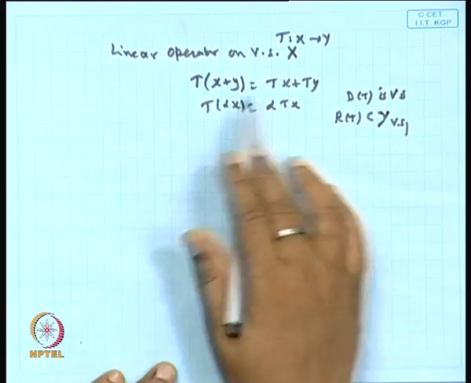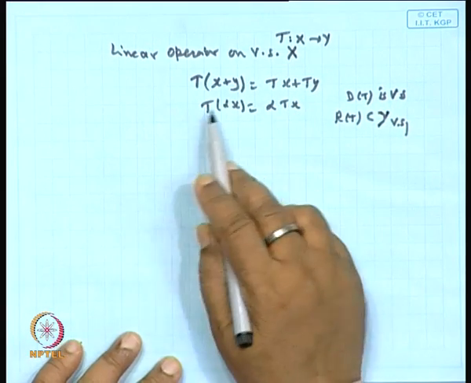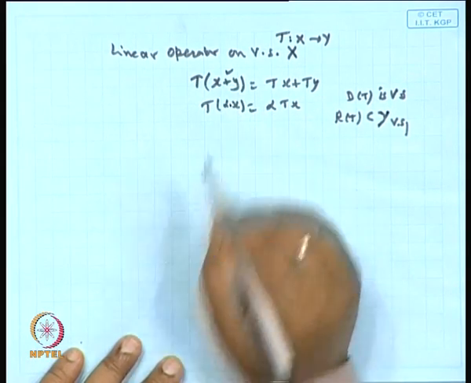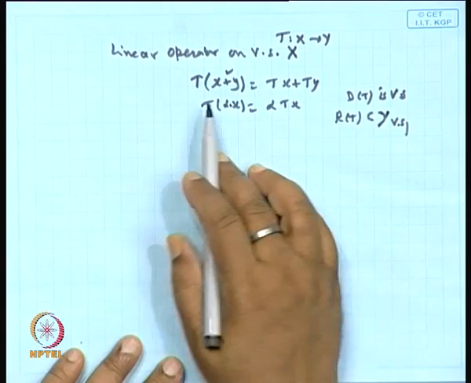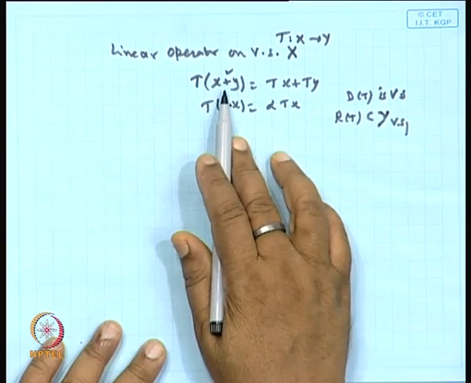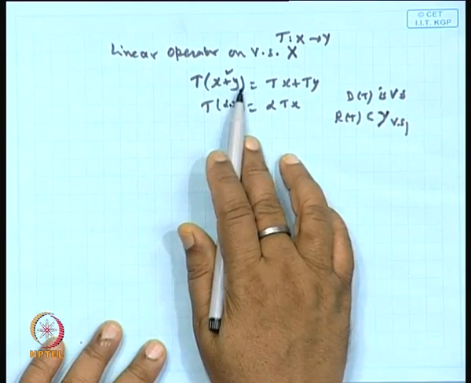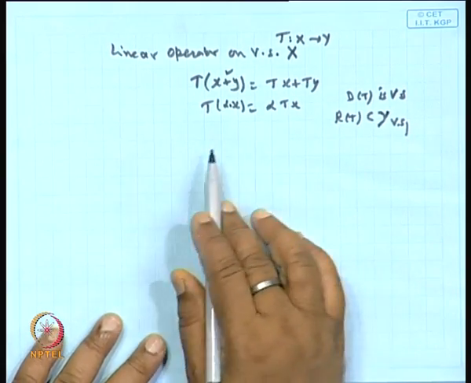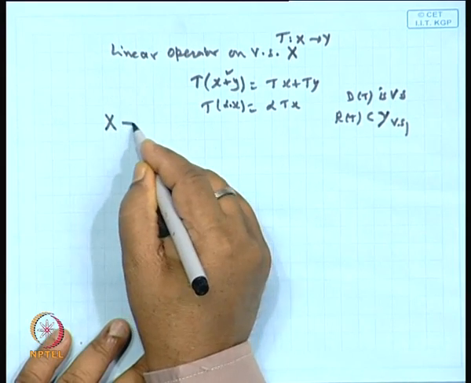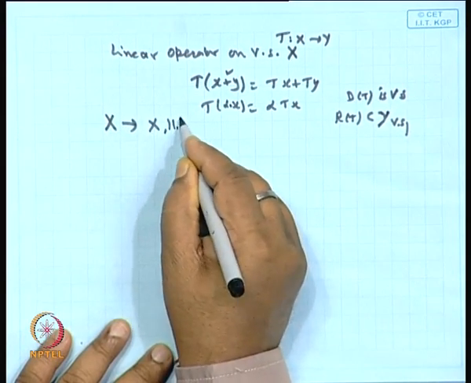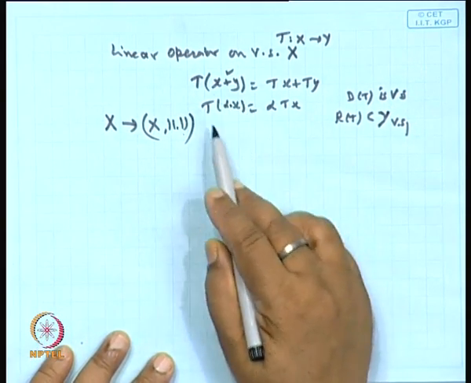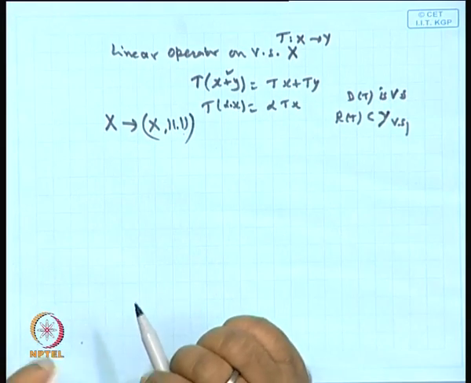Now, if we look at the definition here, we have the two operations, addition and scalar multiplication. This operator T has a connection between scalar multiplication and addition of two vectors, but we do not have anything about the norm. If I replace the vector space X by a normed space or a Banach space, then this norm has no function here so far.